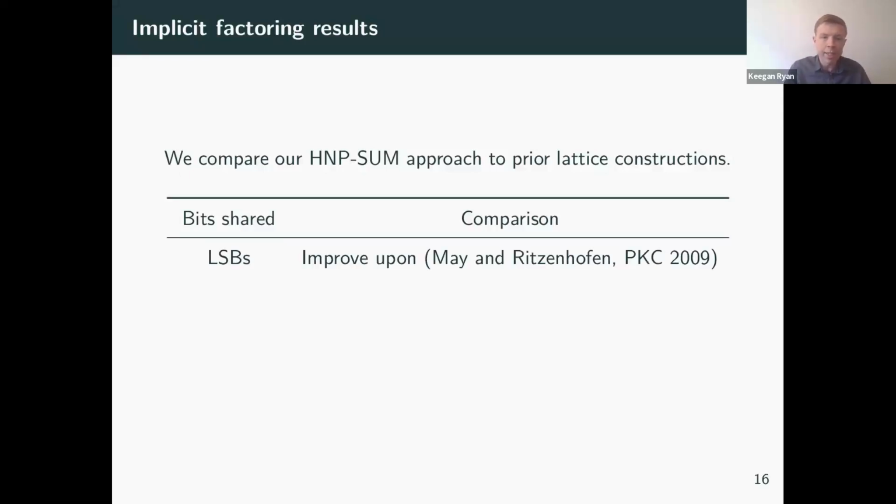So in the case where the least significant bits are shared, we do improve upon the results of May and Ritzenhofen from PKC 2009 that originally proposed this implicit factoring problem. In the case where the most significant bits are shared, we are pretty close to the performance of the work of Fouque, Marinier, and Renaud from PKC 2010, although we are slightly worse.